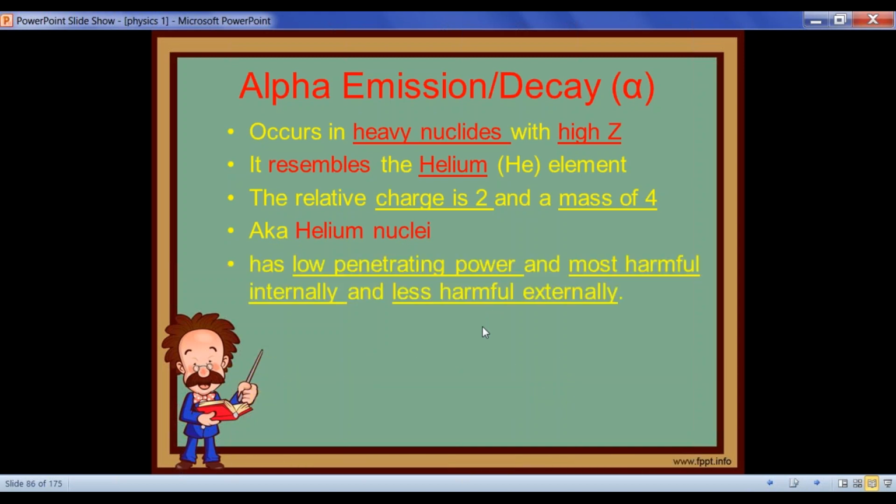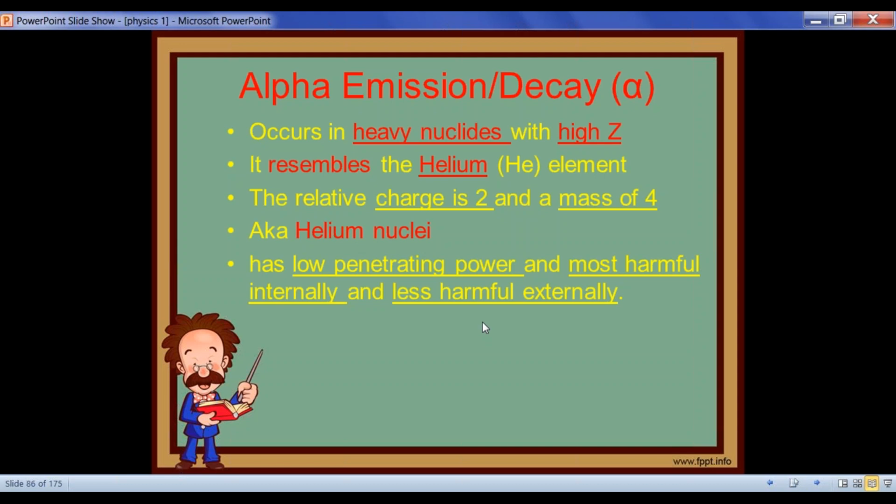It has low penetrating power as compared to other types of particles and radiation, but it is most harmful internally and less harmful externally. So less penetrating siya or low penetrating siya, pero most harmful siya internally. Dahil pag nakapasok po siya sa loob ng katawan natin, hindi na po siya makakalabas.